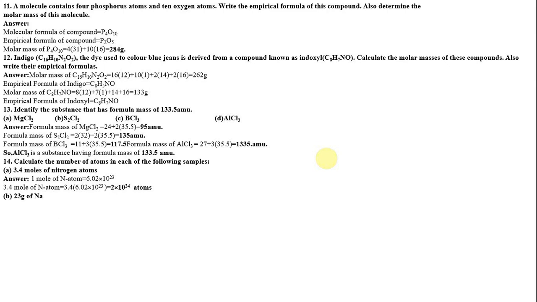B, 23 gram of sodium. 1 mole of sodium atoms is 23 gram. 23 gram of sodium contains 6.02 into 10 raised to power 23 atoms.